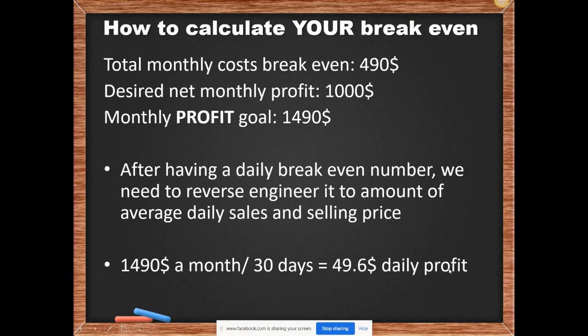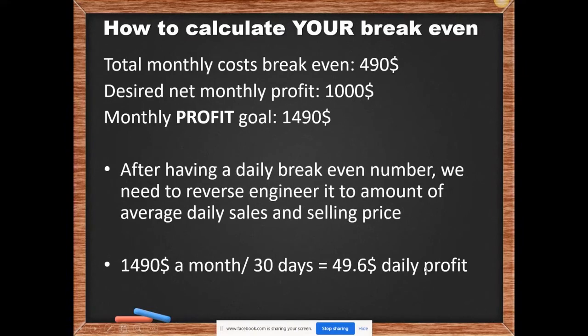Again, I emphasize in profit, not in sales. I need to make $50 a day in profit to make $1,500. So in the end, I'm left with a net profit of $1,000, right? So I need to make $50 a day in profit.